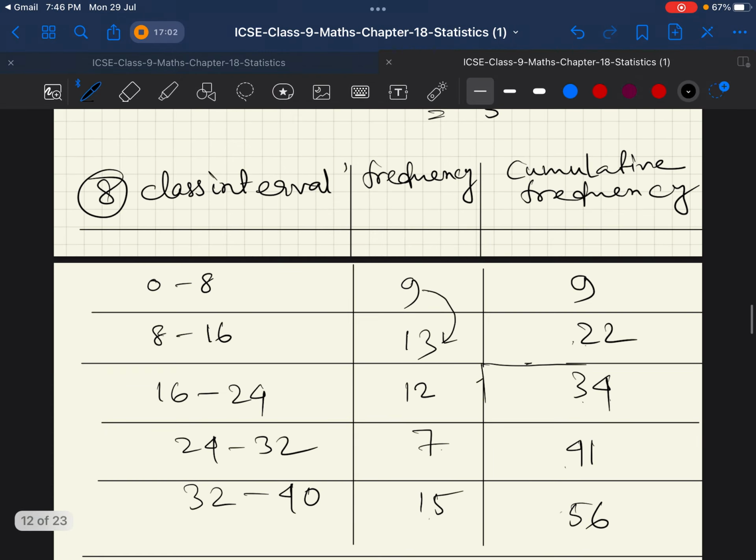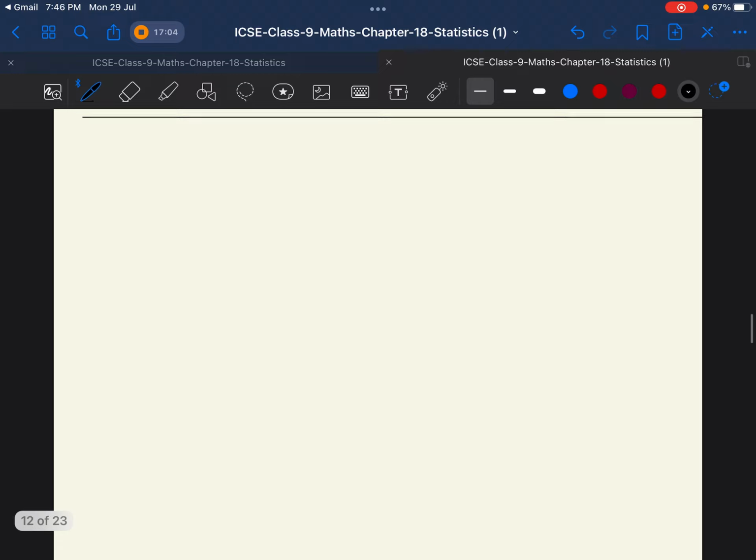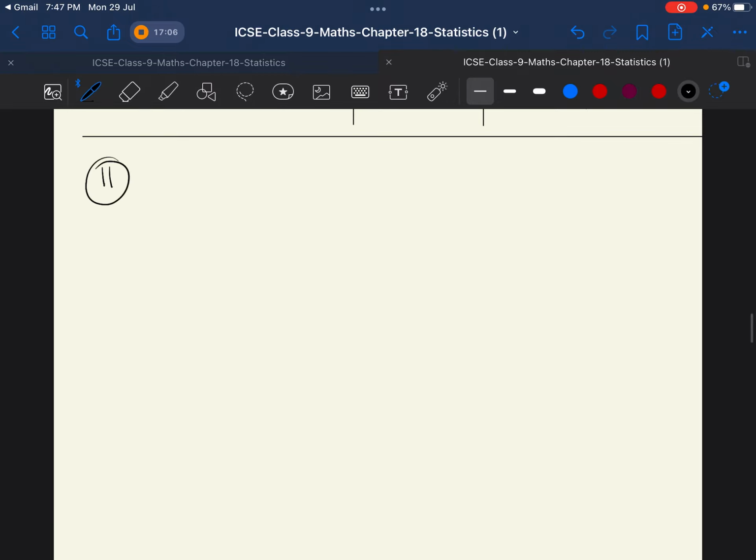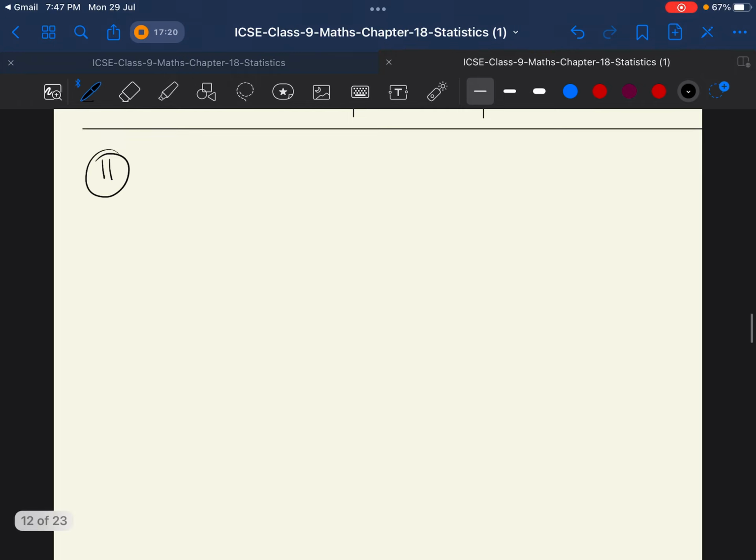Okay, now question number 2. This is question number 1 and question number 2. You see class interval 1 to 10. This is the inclusive distribution. So we have to convert this inclusive distribution to exclusive distribution.